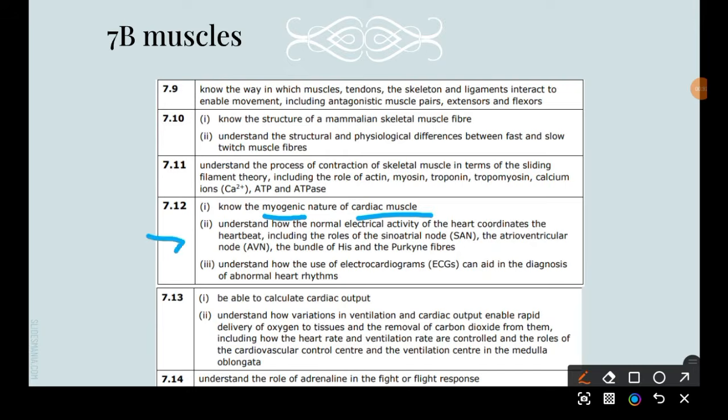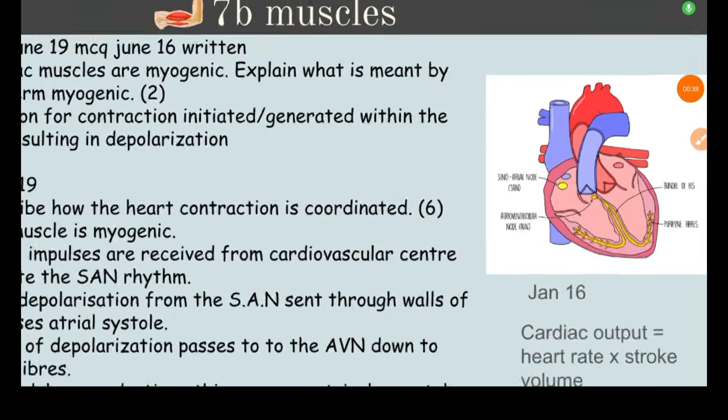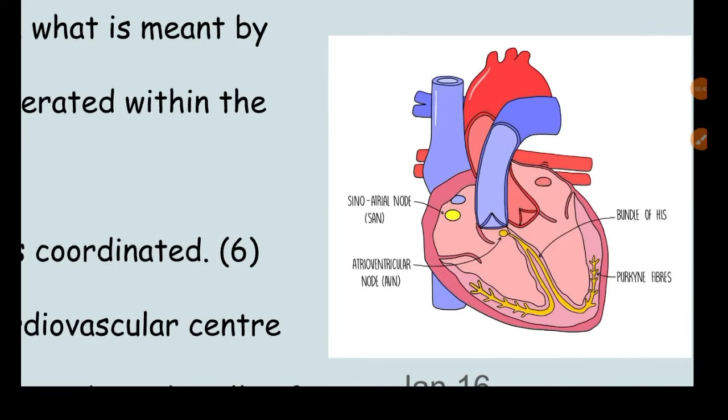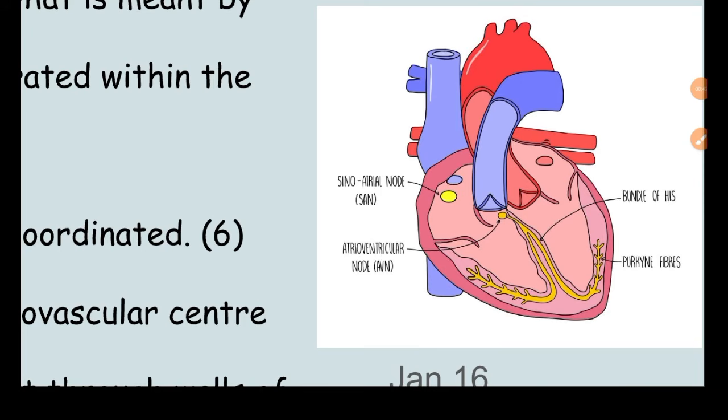And then you have to know how the normal electrical activity of the heart is coordinated. I have a diagram here showing the heart. So first we have the SAN, sinoatrial node, and the AVN, atrioventricular node, bundle of His and Purkinje fibers.